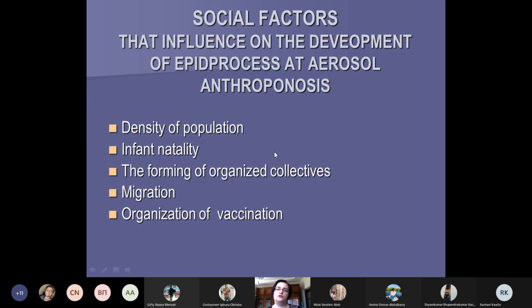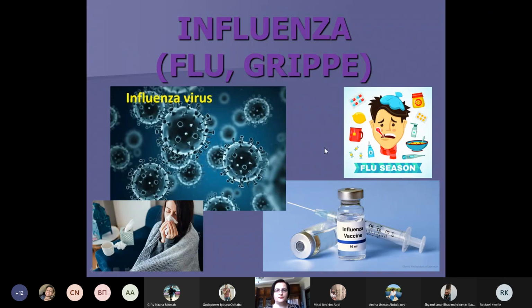Organization of vaccination, because vaccination is one of the most important factors in the prevention and in the forming of collective or herd immunity against a lot of such infections that can be prevented. And now we will start speaking about the diseases exactly, and, I hope, fast.